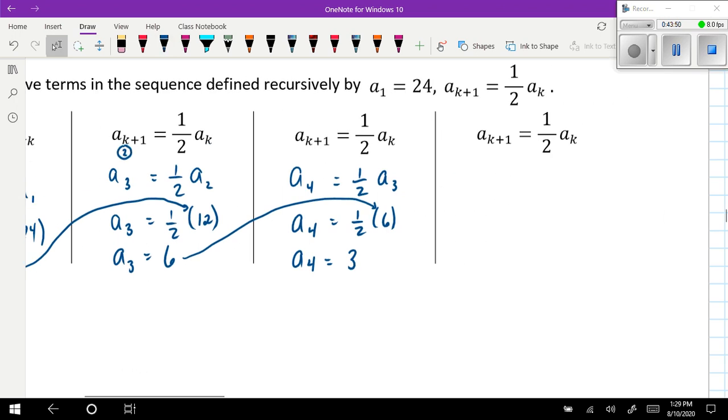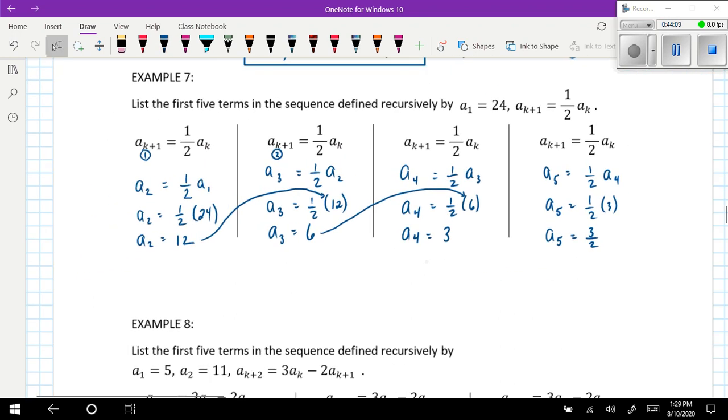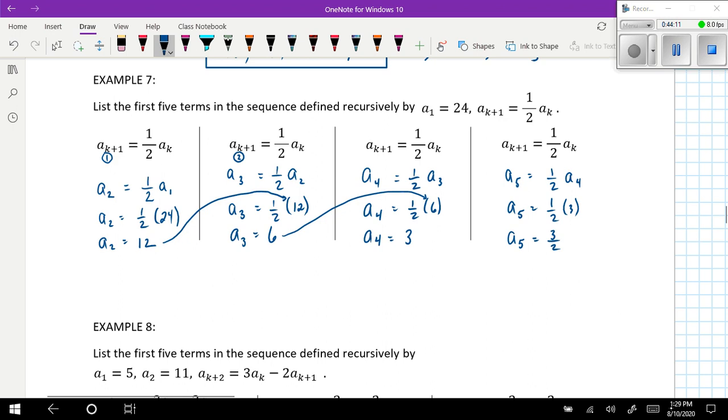All right, now I want a sub 5. So this is 1/2 of a sub 4. A sub 5 is 1/2 of 3. And a sub 5 is equal to 3/2. So now we're going to list them. My first term was 24. My second term is 12, 6, 3, 3/2.